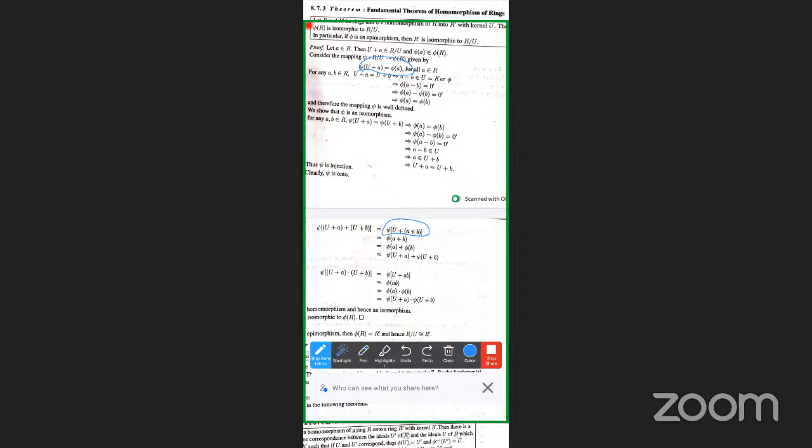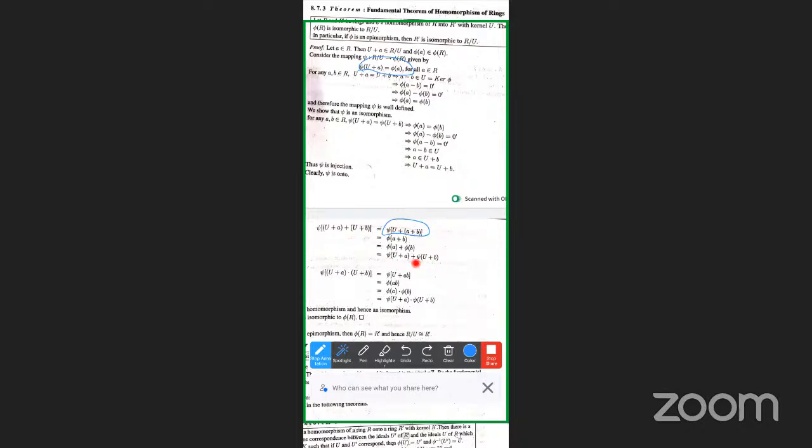So here also psi of u plus of a plus b can be written as phi of a plus b. So phi of a plus b can be written as, since pi is a homomorphism, pi of a plus pi of b. But pi of a is equal to psi of u plus a, and pi of b is equal to psi of u plus b. So therefore psi of u plus a plus u plus b is equal to psi of u plus a plus psi of u plus b. So this is the first condition of homomorphism.